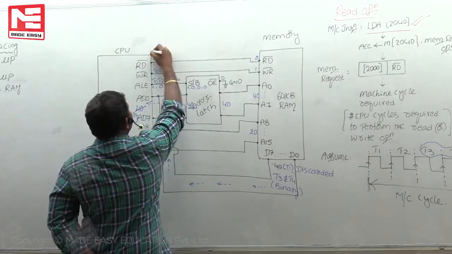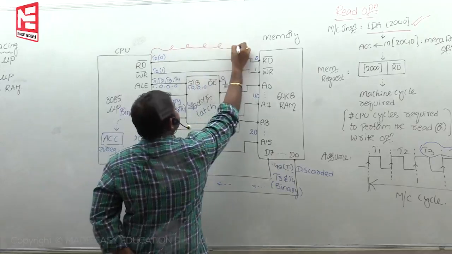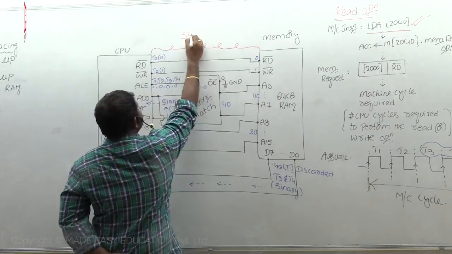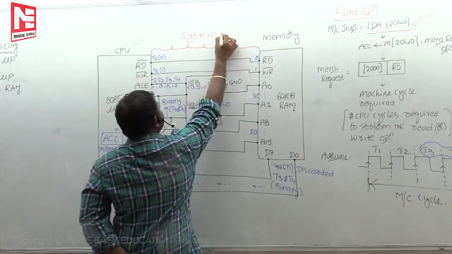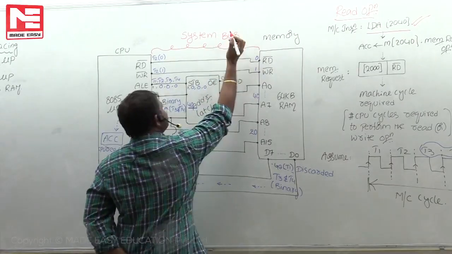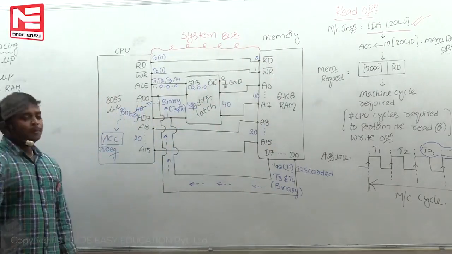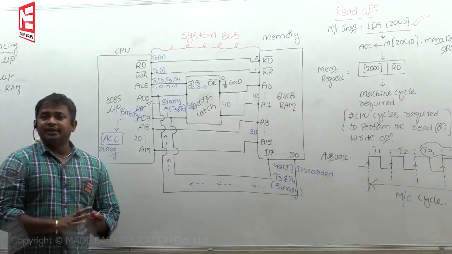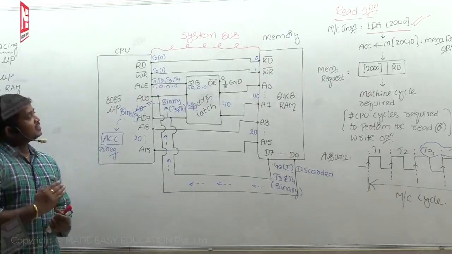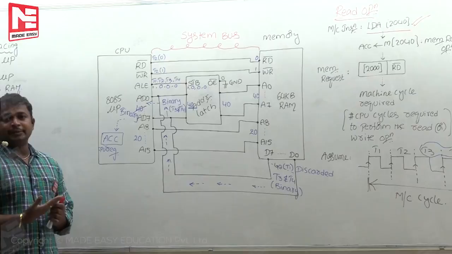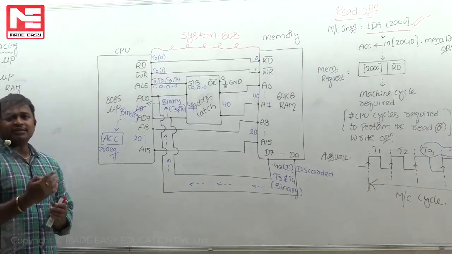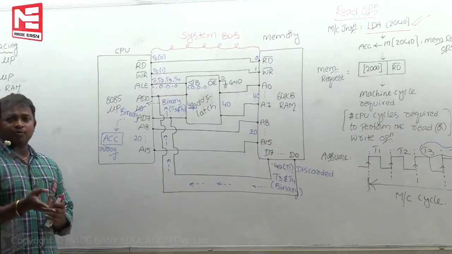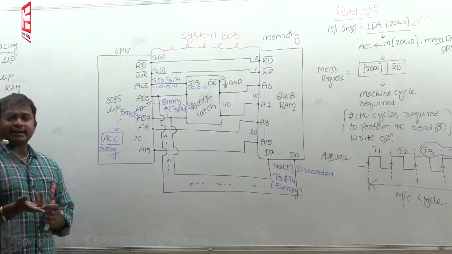This interfacing will be implemented using the system bus. So system bus will be designed to provide the interfacing between the CPU and memory. So system bus is a backbone of the CPU. So by using the system bus, CPU, memory, IO, three components communicate with each other.